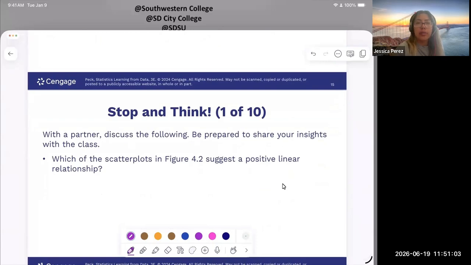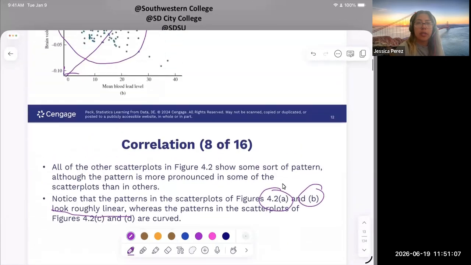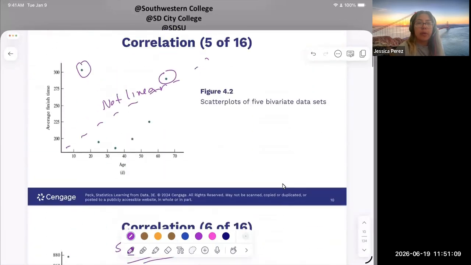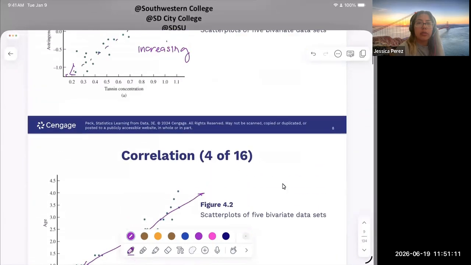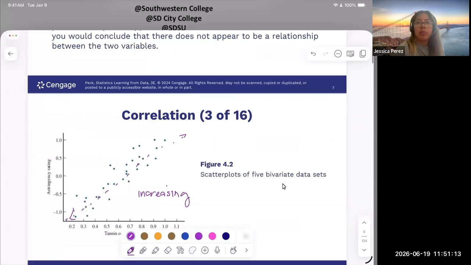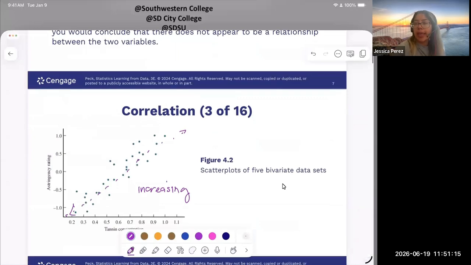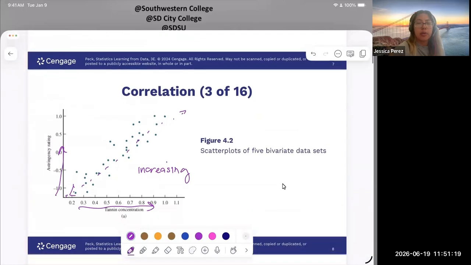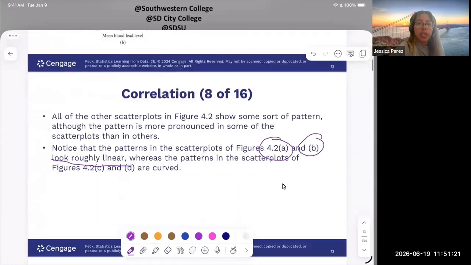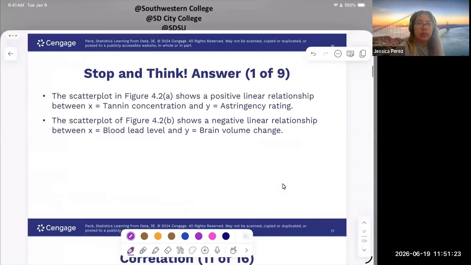Now, which of the scatter plots in 4.2 suggest a positive linear correlation relationship? Look over here. Here we have a positive correlation on that first one because as my x value increases, my y value increases. So 4.2a would be a positive linear correlation.